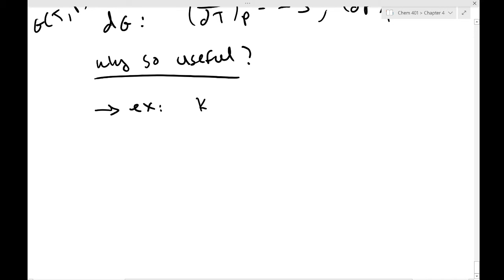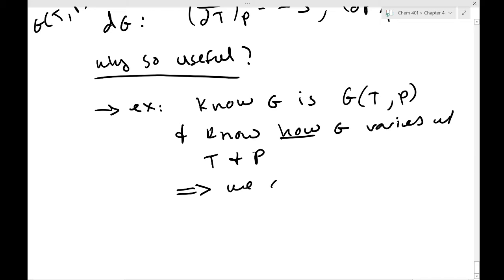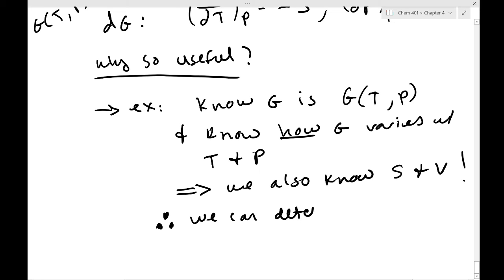If we know that G is a function of T and P, okay, we know this, and we know how G varies with T and P. Okay, this means that we also know S and V. Because of this, therefore, we can determine the other state functions.